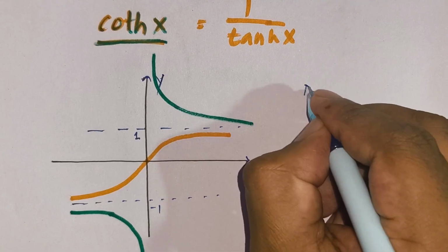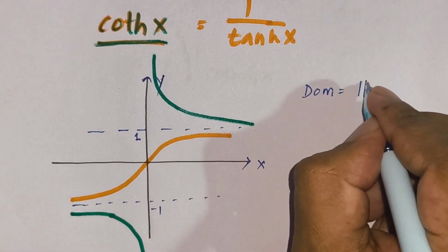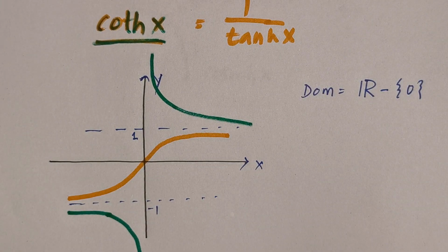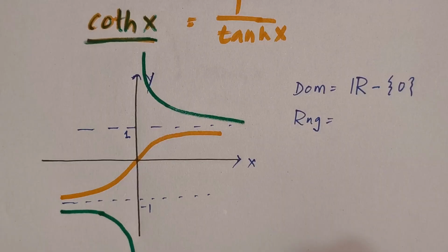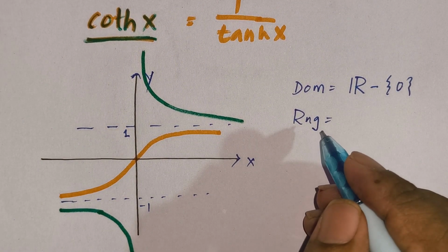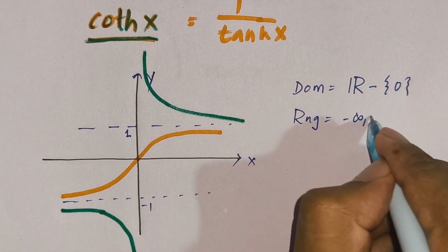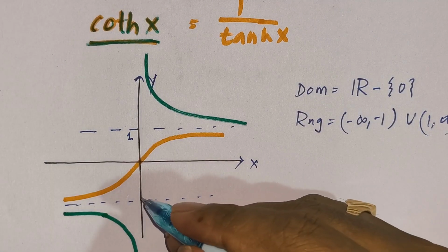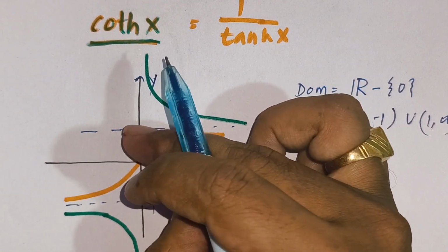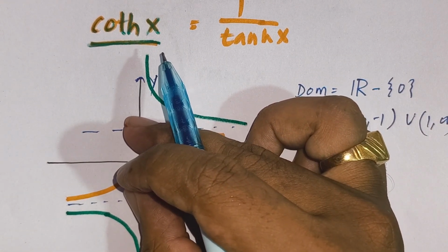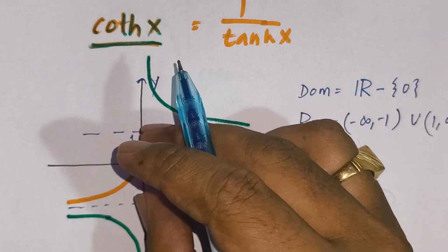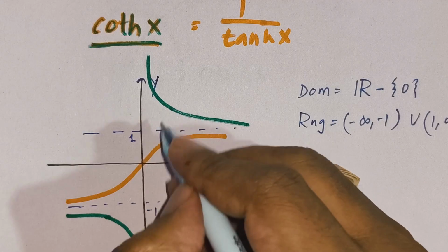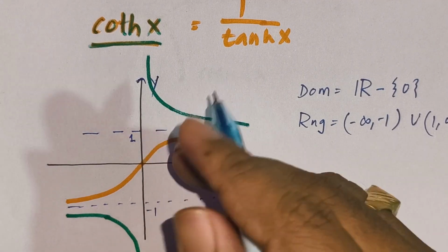What is our domain? The domain is the set of all real numbers excluding the origin, excluding 0. What is the range? For the range, we have minus infinity to minus 1, union 1 to infinity. The values from minus 1 to 1 are not included, because for the curve of hyperbolic cotangent, there is no height which lies between minus 1 and 1.